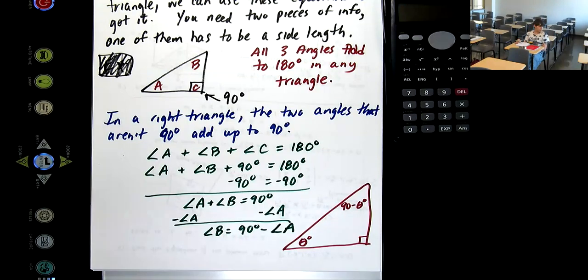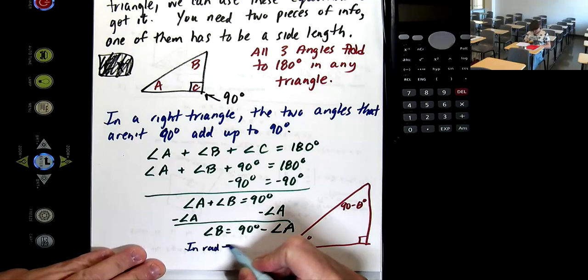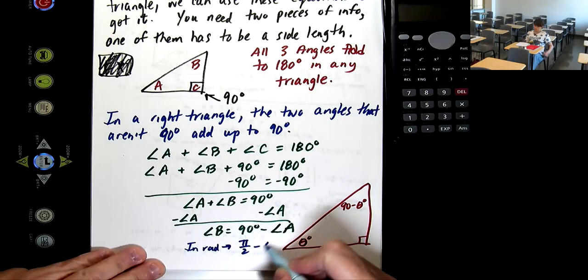The equivalent in radians is pi over 2 minus angle A.